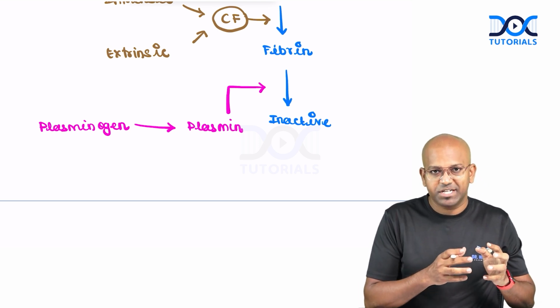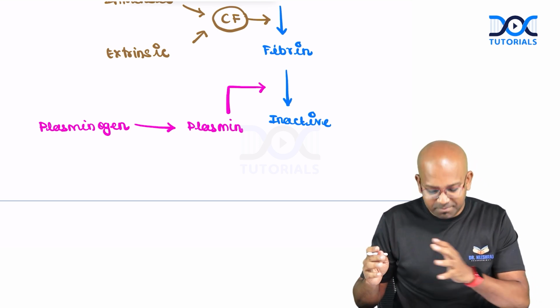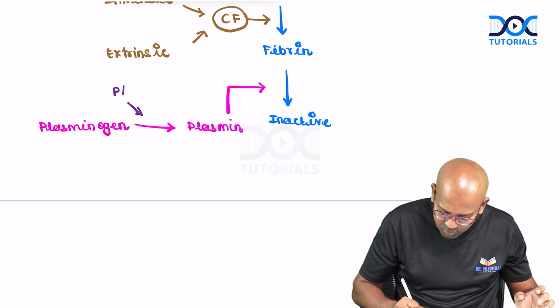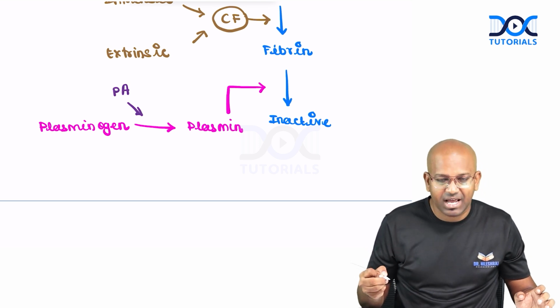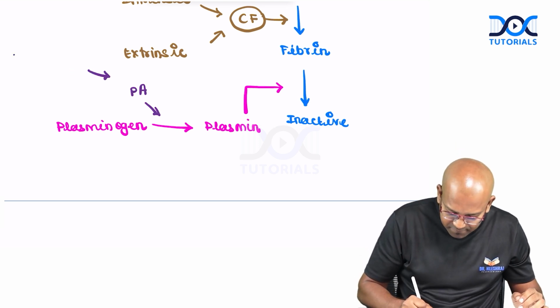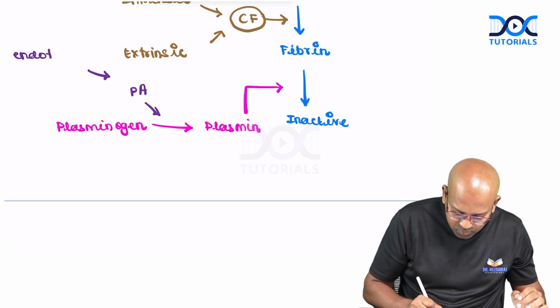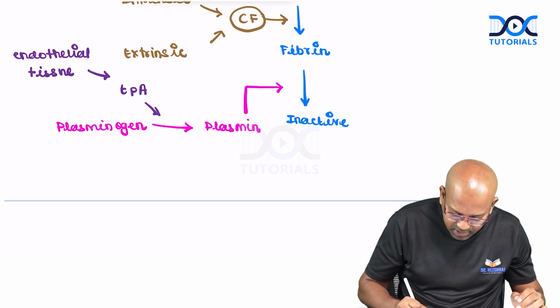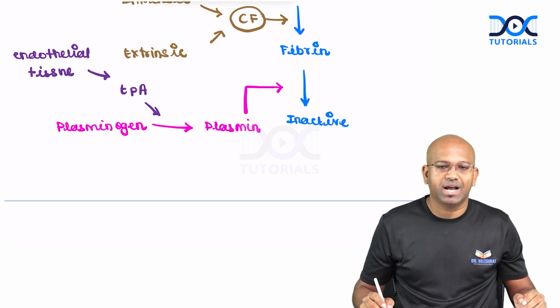So plasminogen, which is a precursor, will be converted to the active plasmin, and this conversion will happen with the help of Plasminogen Activator, PA, which is released from the endothelial tissue. Vascular endothelial tissue. That's why this is also called tissue plasminogen activator.